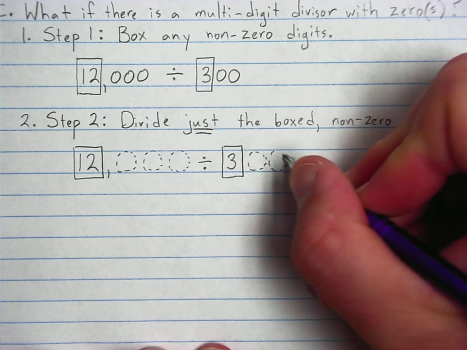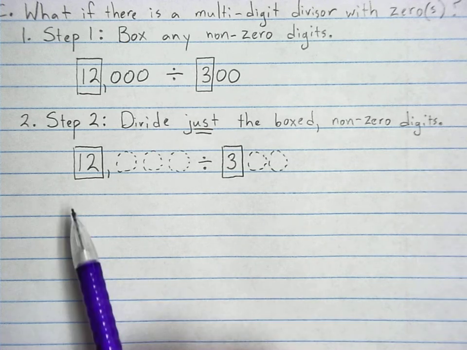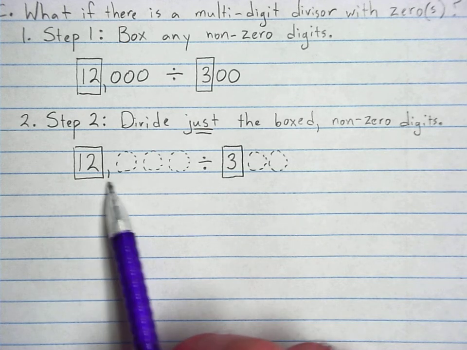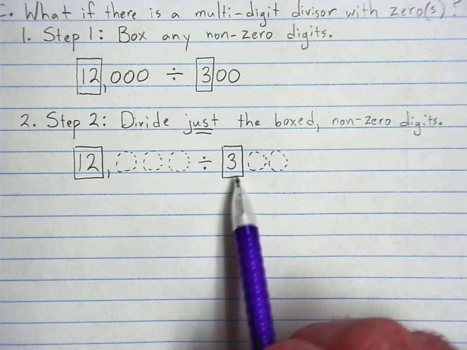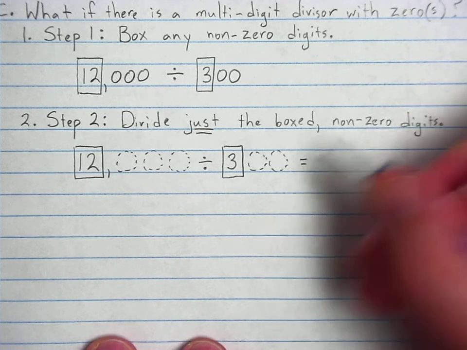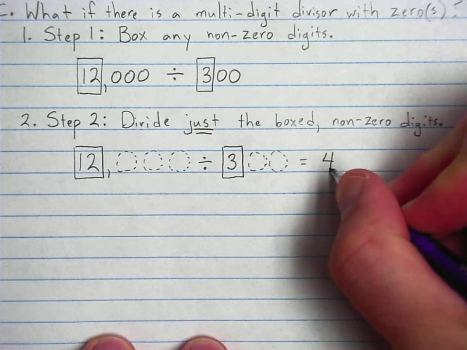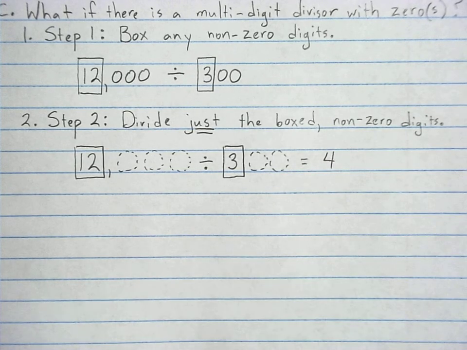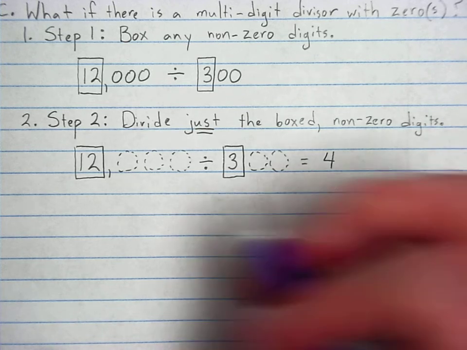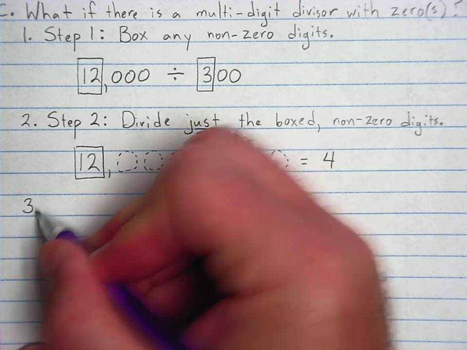There we are. So, 12,000 divided by 300. 12 divided by 3 is 4. Now, we have all those digits. Multiplication was nice. We just counted them up and tossed them over here. But division's not going to work that way. Division, we are breaking things up.